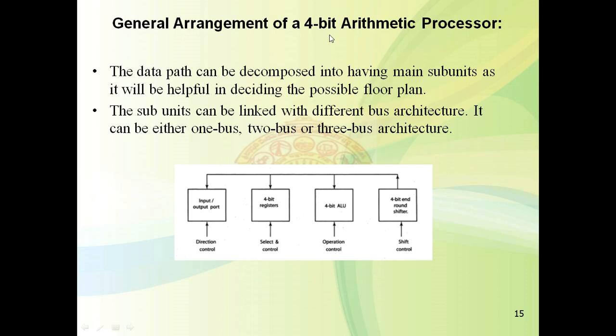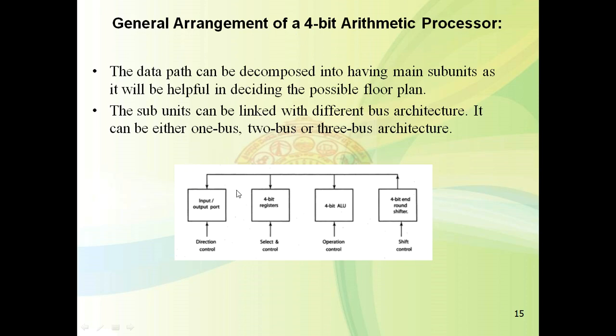Now ALU arrangement, we will see ALU arrangement. So the data path can be decomposed into main subunits, as it will be helpful in deciding the possible floor plan. Means ALU is again divided into different parts.